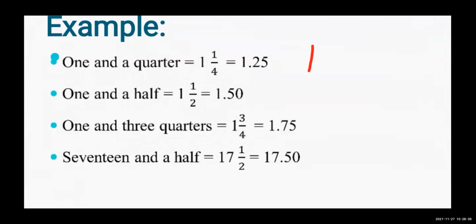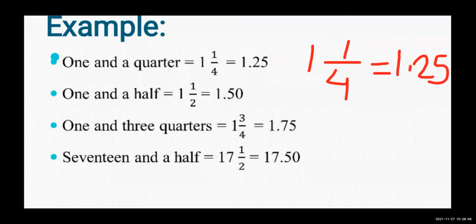Quarter means how much? Now I only told you the fraction form of quarter is 1/4. Fraction form पहला लिखना है, that is 1/4. Now quarter in decimal form is 25. So what will we write? 1.25.